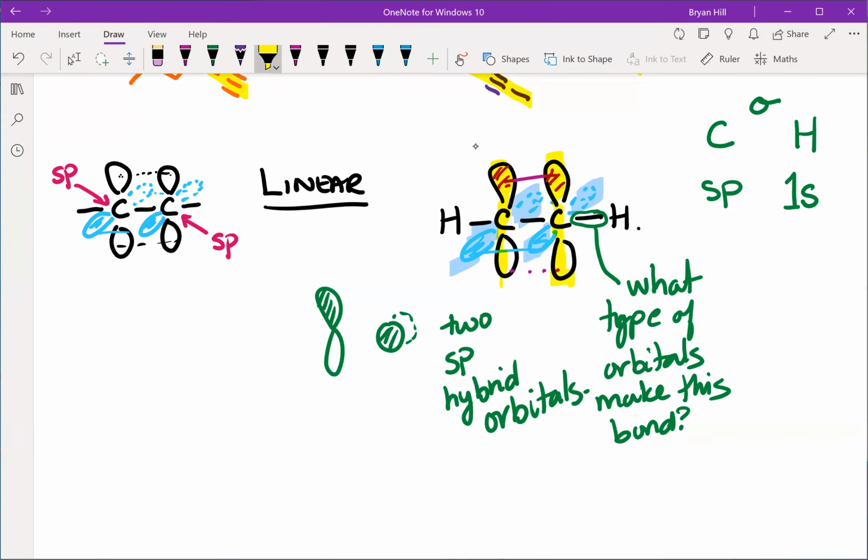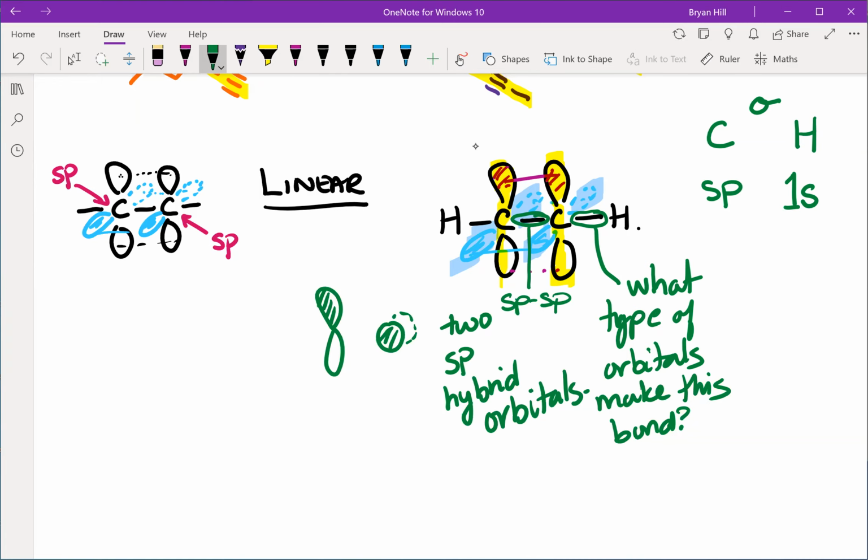So the two p orbitals are used to make the two pi bonds, to be specific. And that means that the hybrid orbitals make the two sigma bonds. So in this interior bond, each carbon would be using an sp hybrid orbital to make that sigma bond.